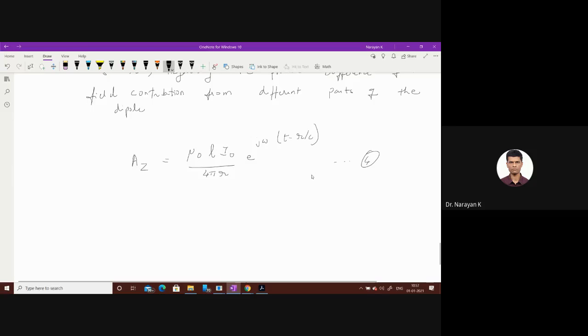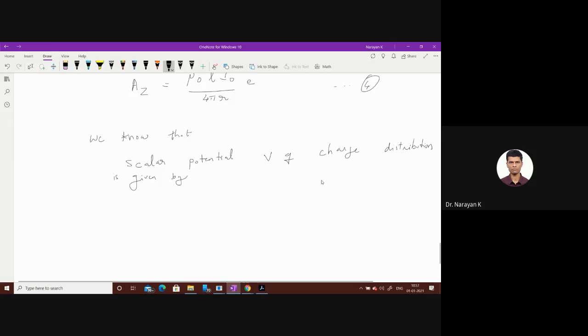Okay. We know that scalar potential V of charge distribution is given by scalar potential V. For scalar potential we write as V, and for vector potential we write as A. Got it?